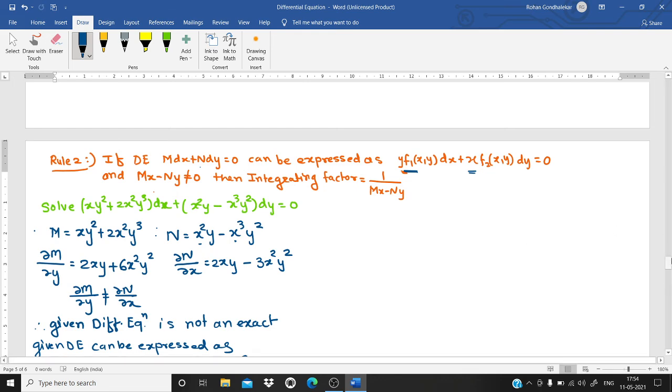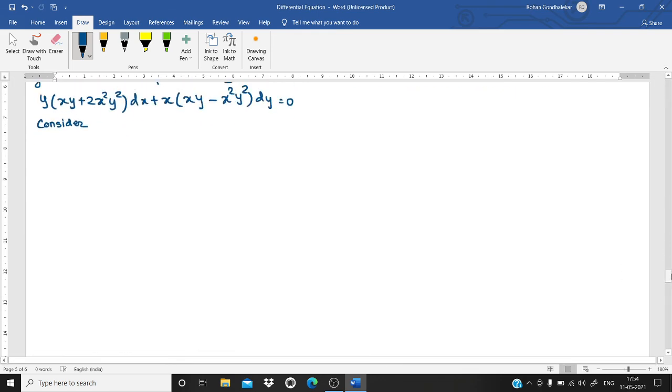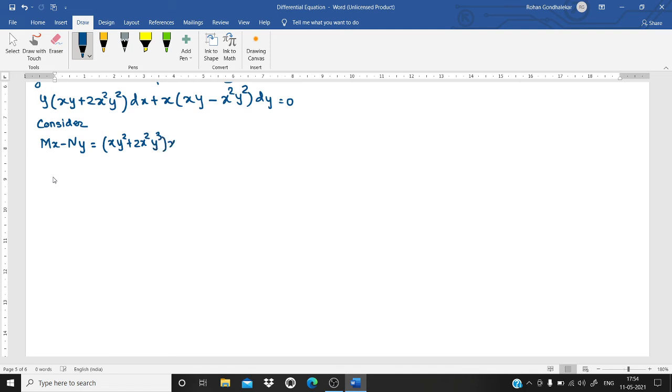So let's do the calculation for Mx minus Ny. What is M? M is xy square plus 2x square y cube, multiplied by x, minus N, which is x square y minus x cube y square, into y.